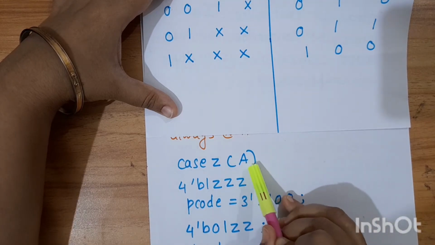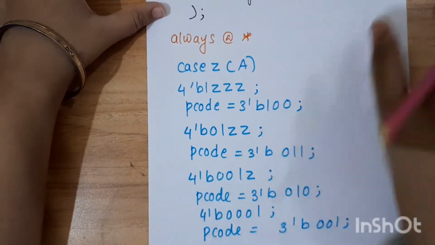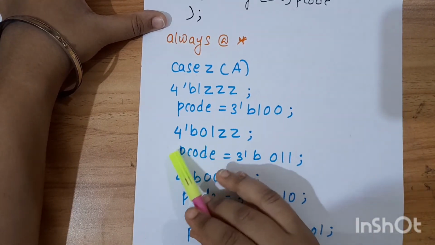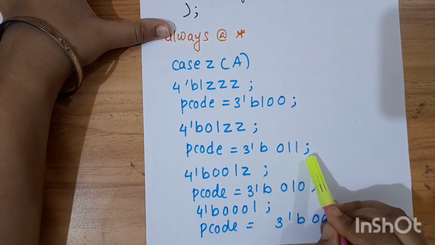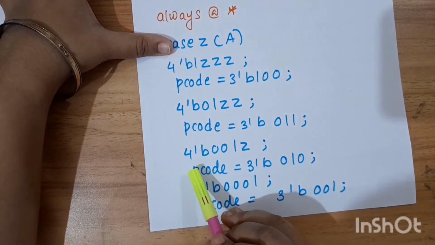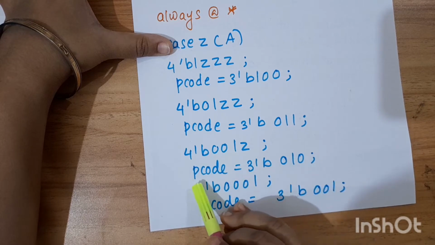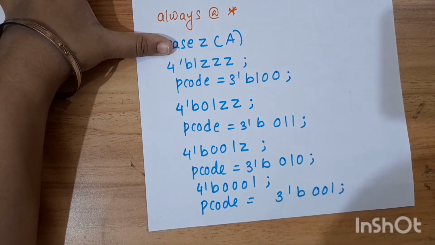When the expression A has the value 4'b01ZZ, Pcode value would be 3'b011. When I have the A expression as 4'b001Z, I will have the Pcode as 3'b010.